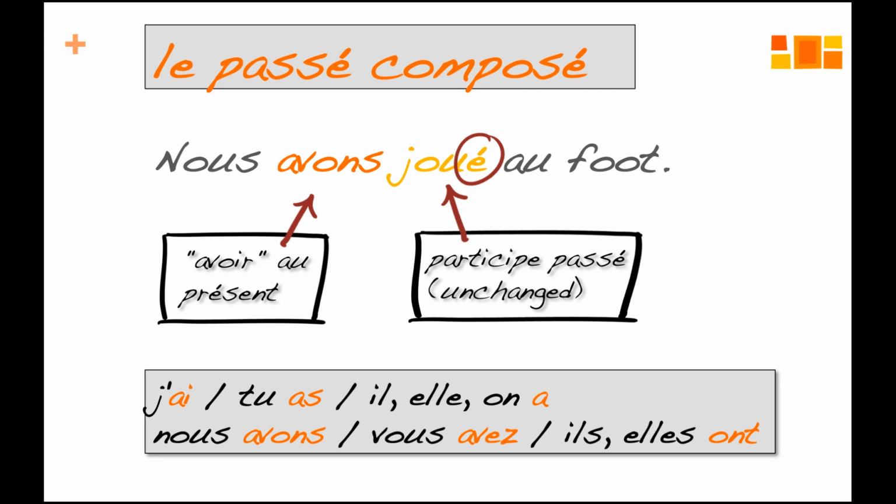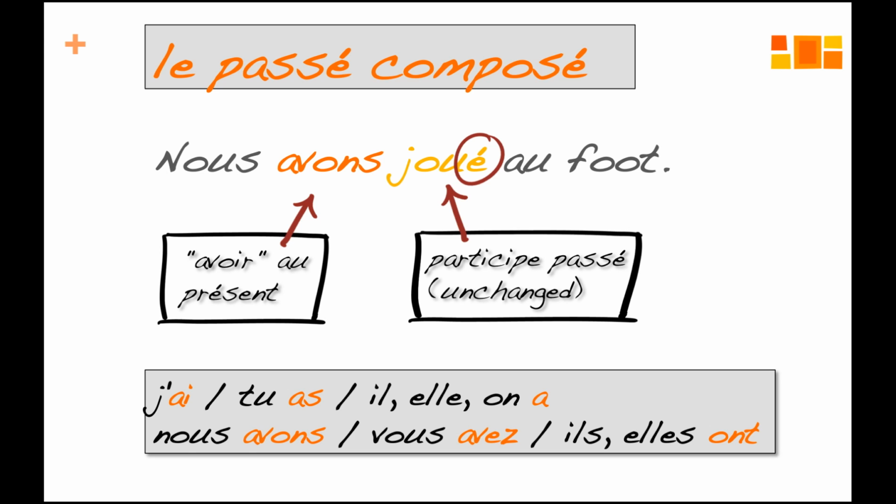It's followed by the second part, which is the French past participle. En français, on dit c'est le participe passé. You get lucky because in the combination with avoir, that past participle stays unchanged. You just put it the way you learn it. You will see in the second video, where we have le passé composé avec être, that this past participle also changes.